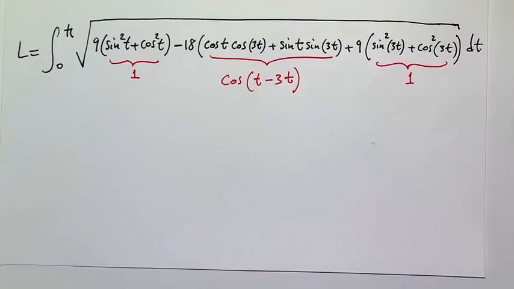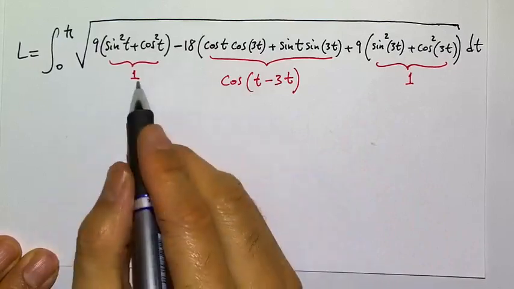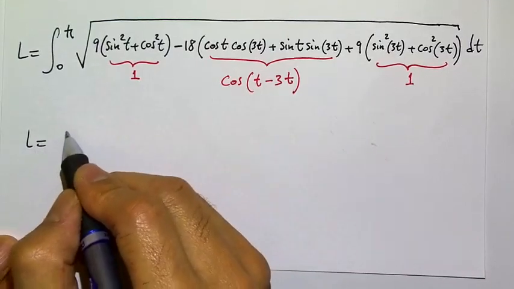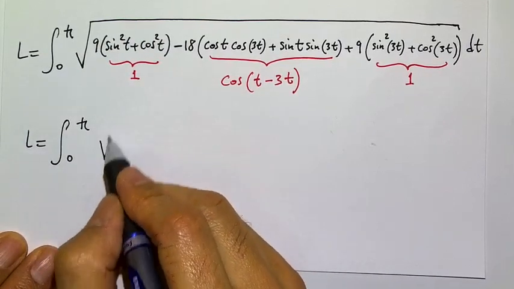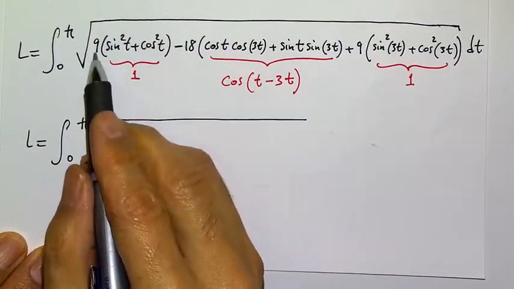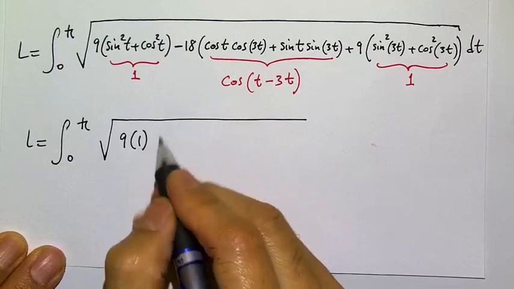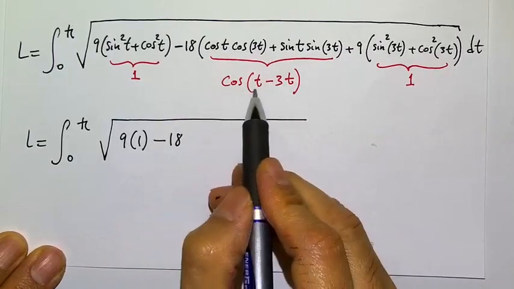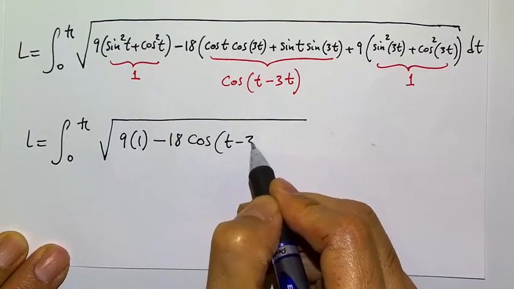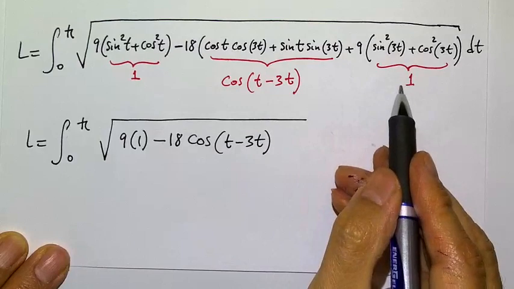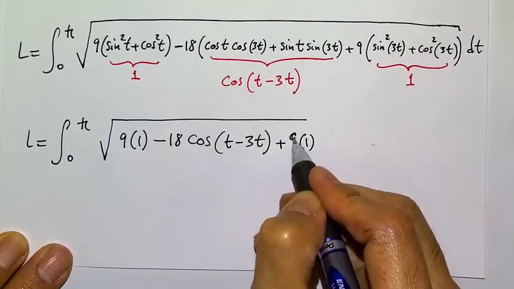Okay, so let's simplify this a little more, given what we have here. So we have that equals the integral from 0 to pi of the square root of 9 times 1 minus 18 times all of that, so cosine of t minus 3t, plus 9 times 1 again, right? Plus 9 times 1.